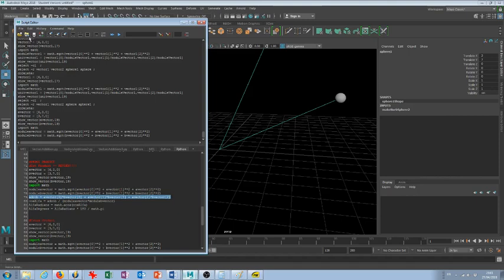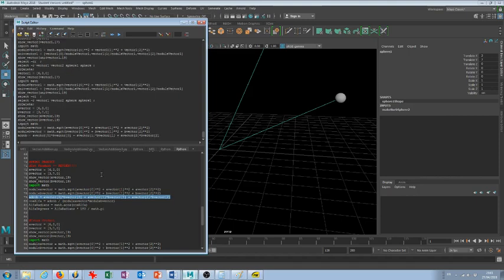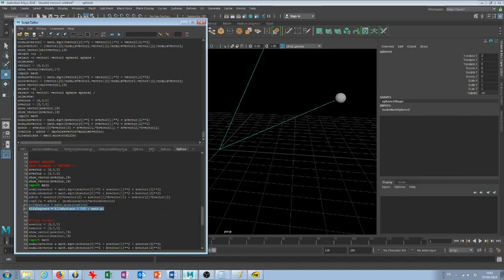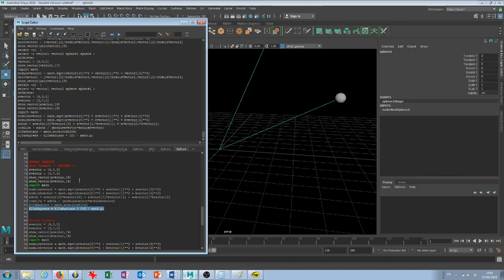So here we go, the dot product is 39 exactly, and then I calculate the angle and convert it to degrees.